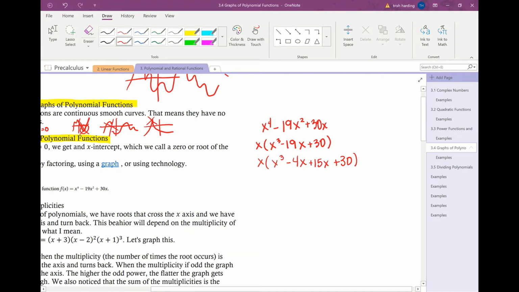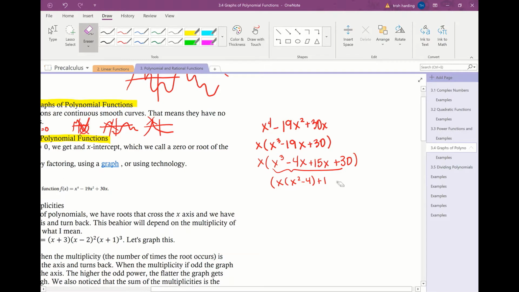So let's see. This is going to be x squared minus 4 plus, no, I don't think that'll work.